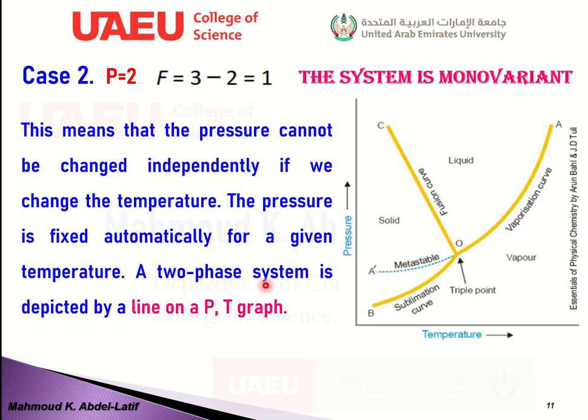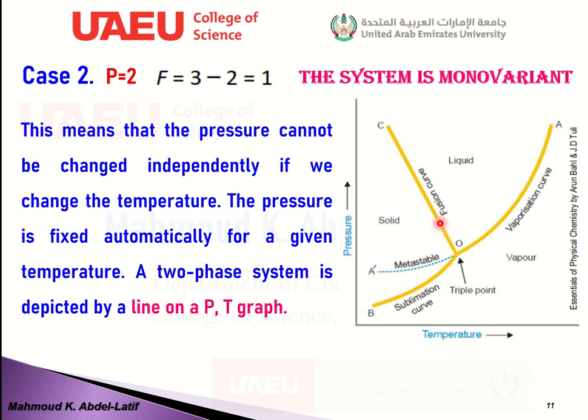So a two-phase system is depicted by a line in the PT graph. P means pressure, T temperature, pressure-temperature graph. So any line here represents two phases.